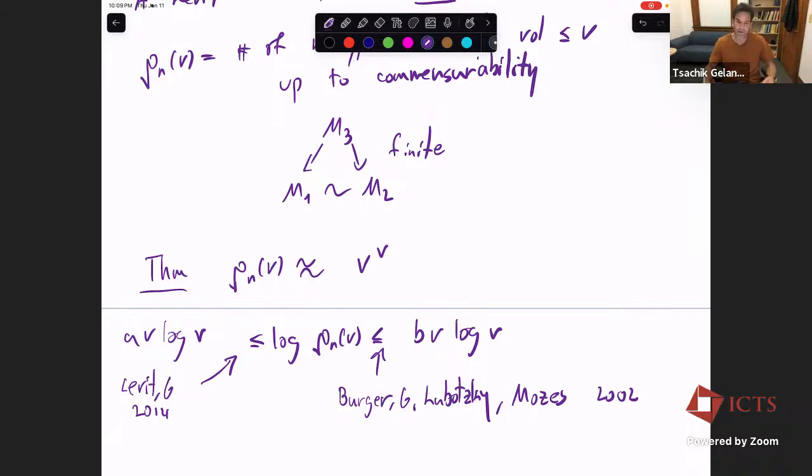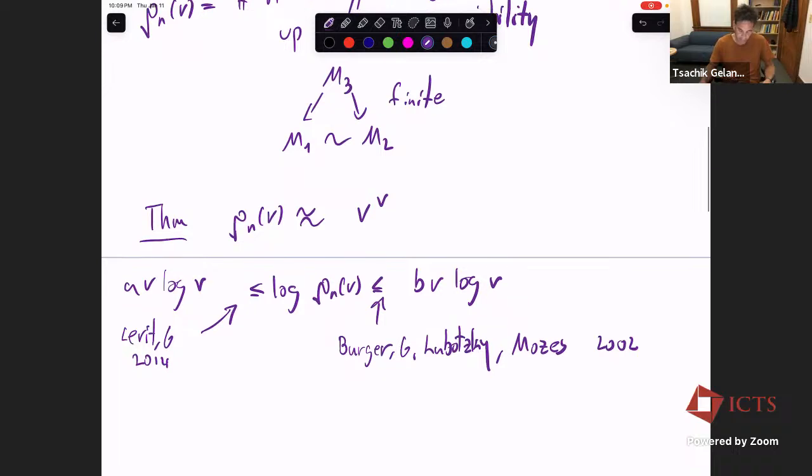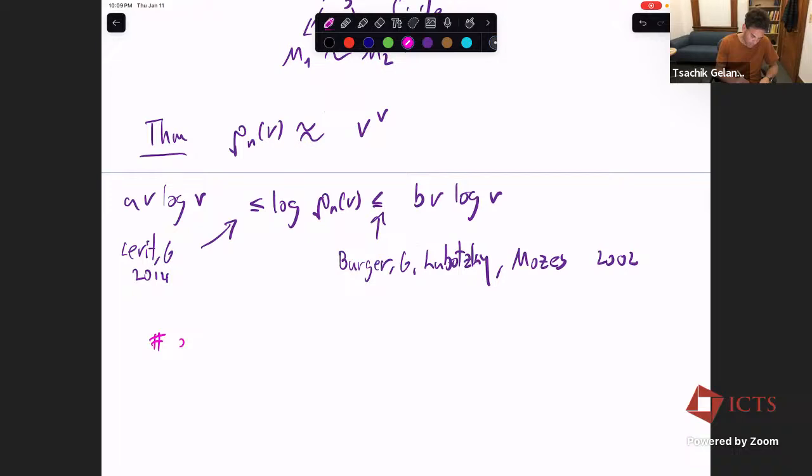But the lower bound is the result that I want to. So we use probability in a sense, and why does it say that most hyperbolic manifolds are non-arithmetic? Because the number of arithmetic ones, you can show, it's actually shown in a paper by Belolopetsky, it tends to be polynomial.